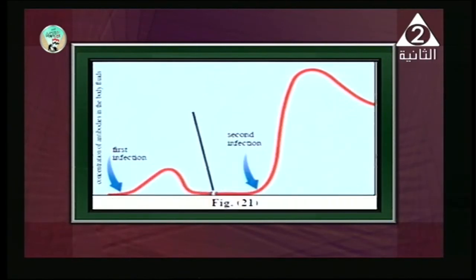Let me remind you that we have two stages here, the first infection and the second infection. The first infection takes much more time, a long time. In the second infection, we have memory cells inside your body that collected information, and when the pathogen that you had been infected by before enters, they divide more than one time and quickly.